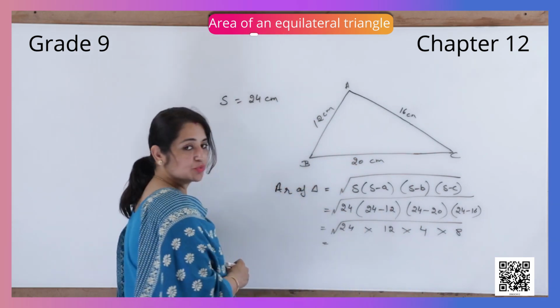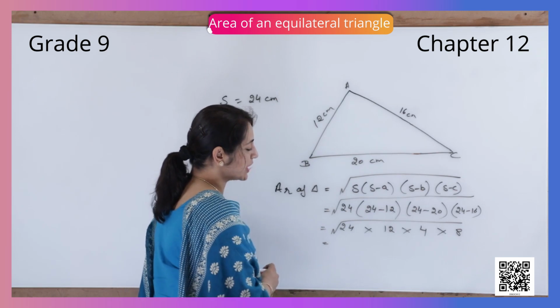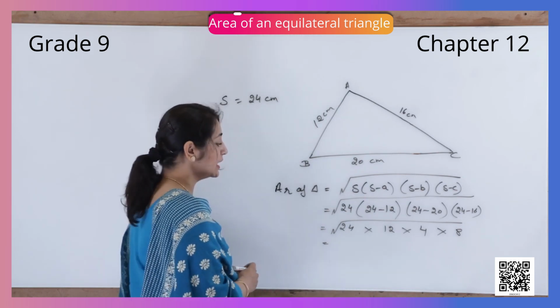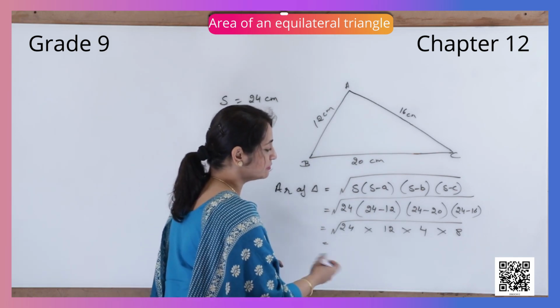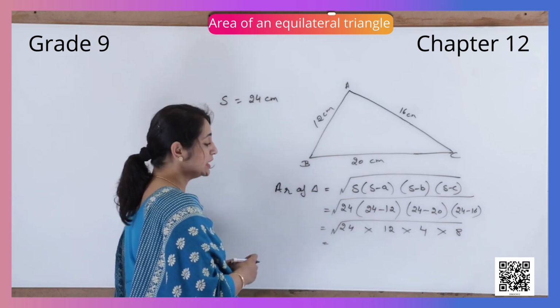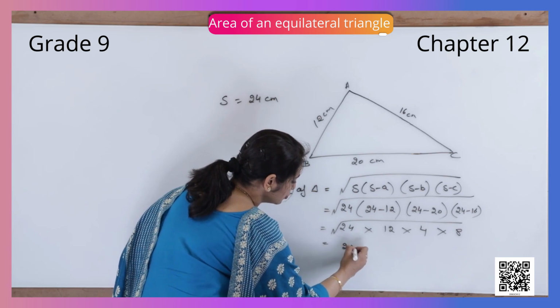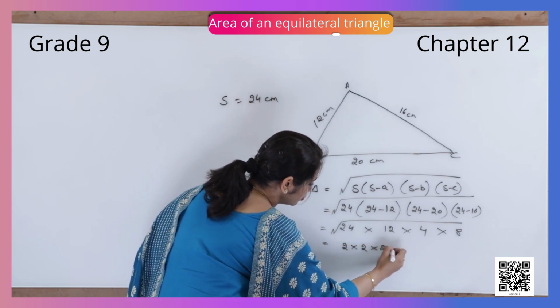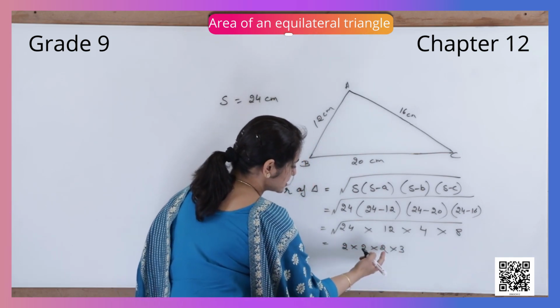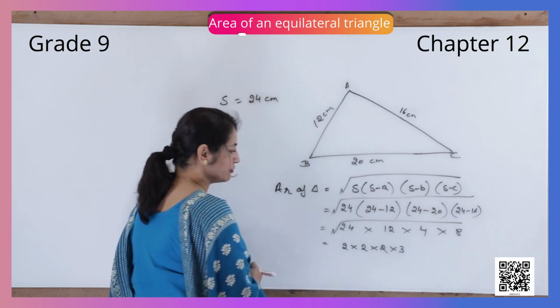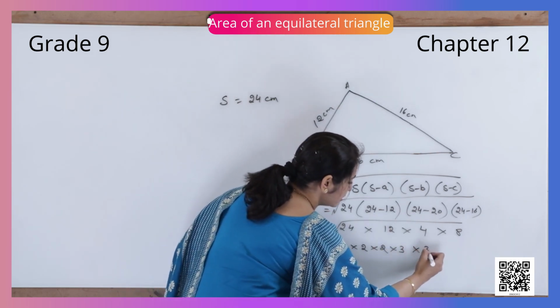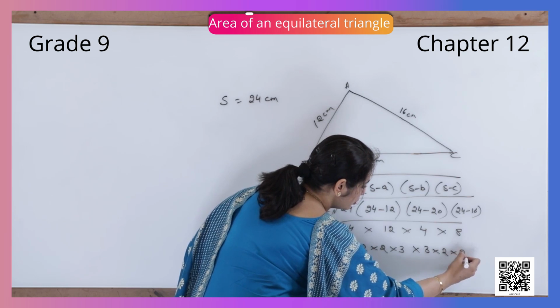Now, to find the square root, we can simply find the prime factors of all these numbers. And after that, we will take out one number from each pair of 2s. So, 24 factorized will give us 2 into 2 into 2 into 3. For 12, we can write 3 into 2 into 2.